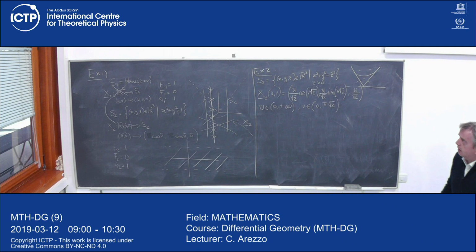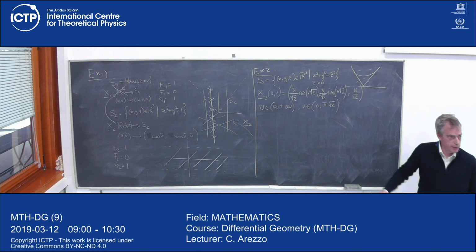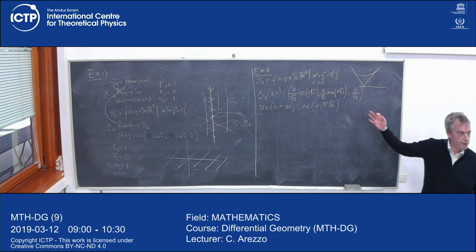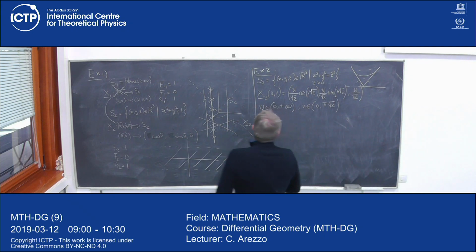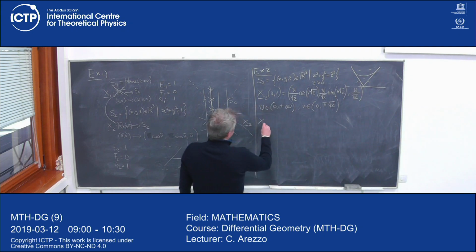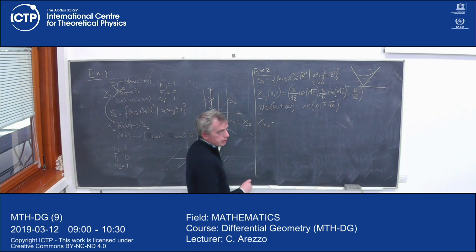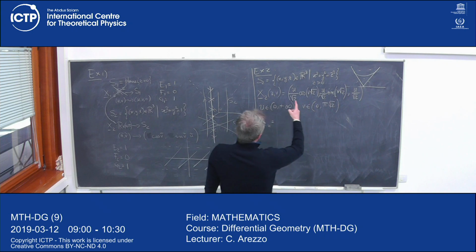Okay, this time it's slightly less obvious. Let's do the computation. What are the coefficients of the first fundamental form of the cone? But for that, of course, let me first write x_u and x_v, because this time I can make mistakes. If I take the derivative with respect to u, what do I get?